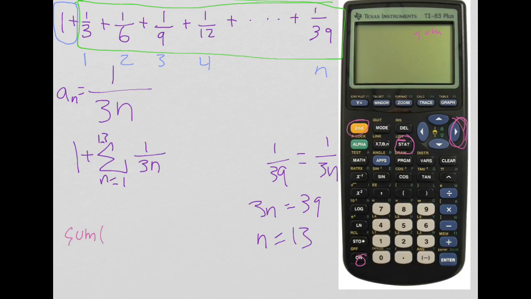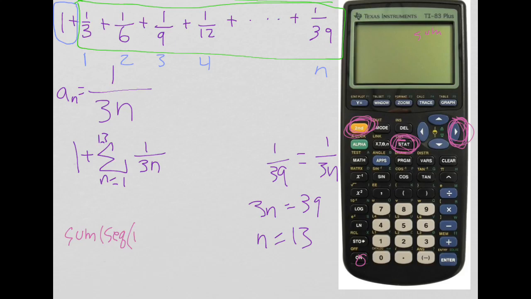And then we want to go back in, so hit second again, stat again, and this time arrow over 1 till the heading says OPS, and then again choose option 5, which is sequence. We want to get the sum of this sequence. Then we need to tell it what the sequence is.